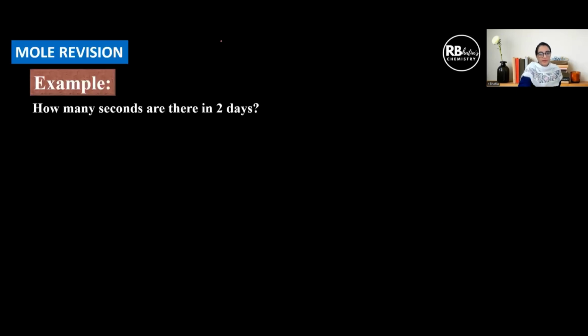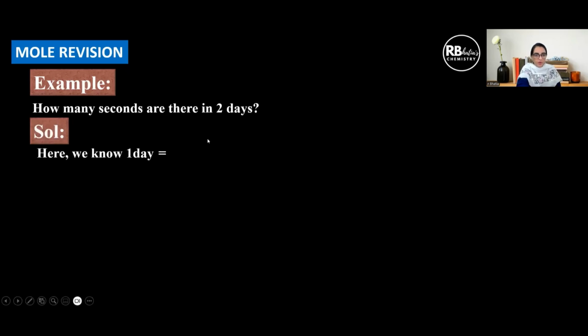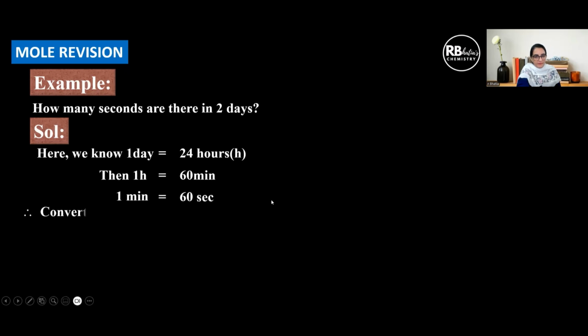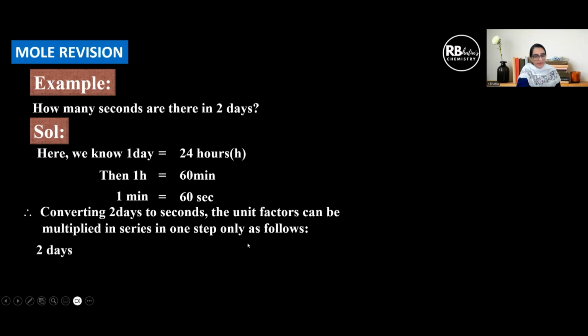So continuing with an example of dimensional analysis, children, just helping you recall what the dimensional analysis method is. In general, if I ask you how many seconds are there in 2 days, 1 day is 24 hours, 1 hour is 60 minutes, and 1 minute is 60 seconds, right? So converting 2 days to seconds, the unit factor can be multiplied in a series in one step.